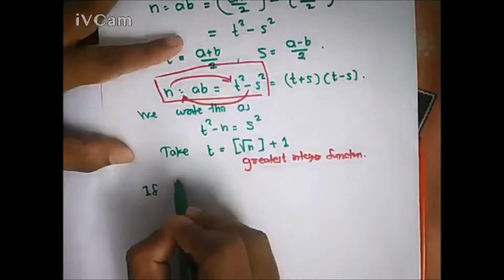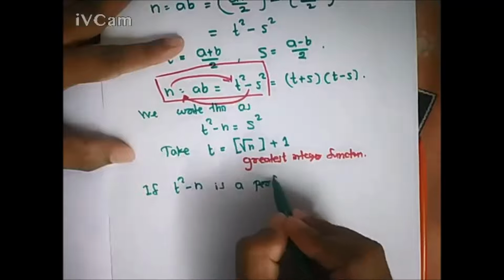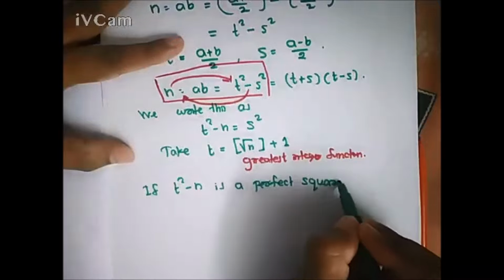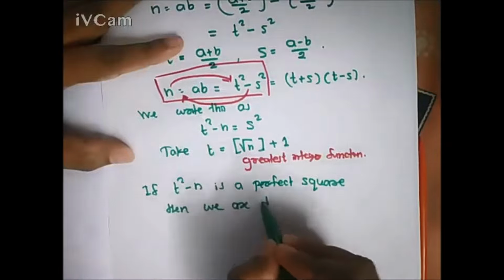Now we are saying, if t square minus n is a perfect square, then we are done.